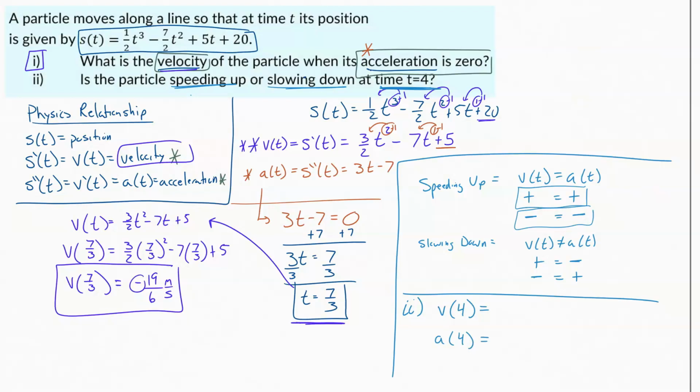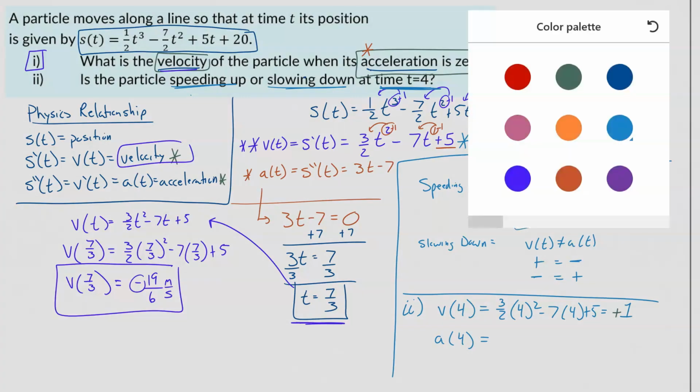So plugging into our velocity equation, that was our first derivative here, we get 3/2 times 4 squared minus 7 times 4 plus 5. And out of there, that is going to give us a positive 1. Again, really just worrying about the signs. That's a positive 1.